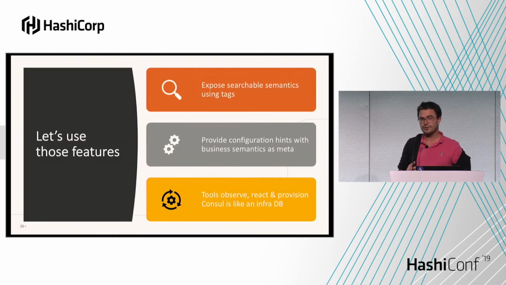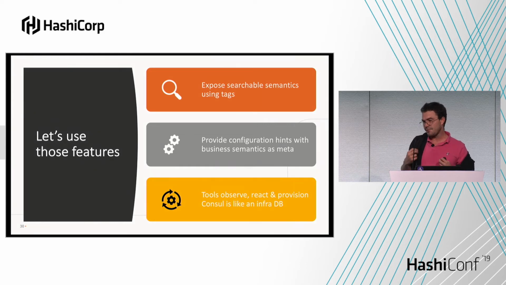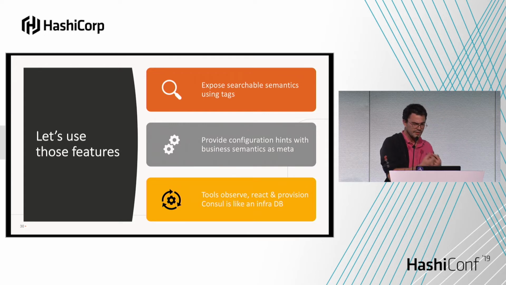When we want to create a new consumer for this whole infrastructure, the service will provide tags in order to be filtered easily. It will provide configuration hints with business semantics about what it wants. And some other tools will observe, react, and provision. So it means Consul is a database, and a database for which you get notification on every change. That's quite interesting.